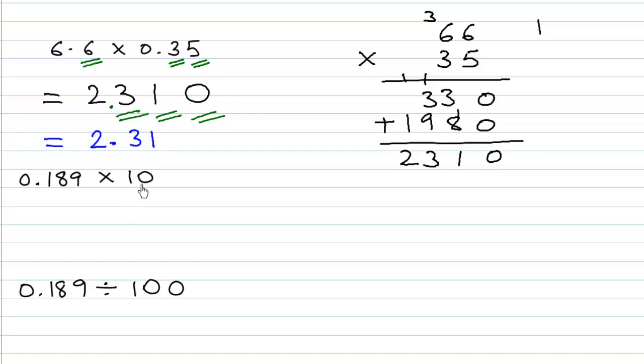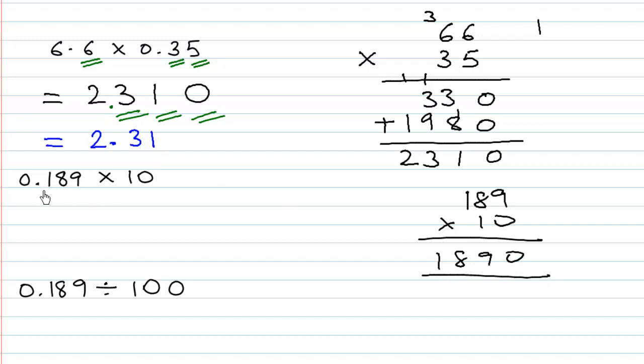But whenever we multiply or divide by 10 or 100, this becomes much easier. First of all, let us multiply 189 and 10. We know 189 multiplied by 10 is 1890. We just ignored this decimal point, wrote 189 over here and multiplied it by 10. So the answer is 1890.